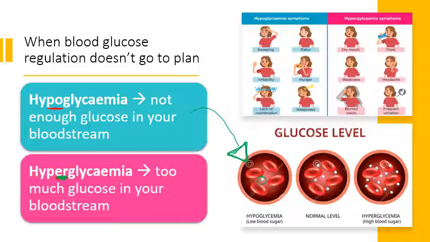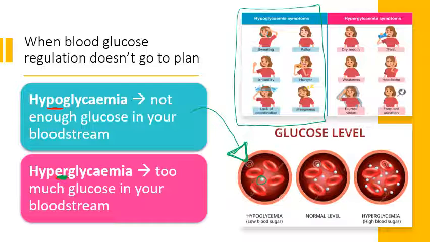We can see the signs and symptoms of hypoglycemia on the left-hand side of this image. You're quite tired, hungry, irritable, all sorts of things that go with not having enough glucose in your bloodstream, which obviously has the side effect of your cells not being able to access enough glucose to make energy also.